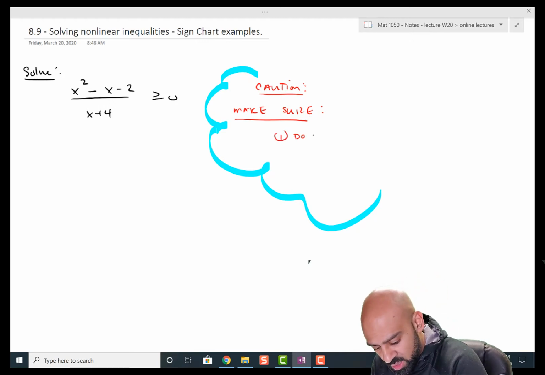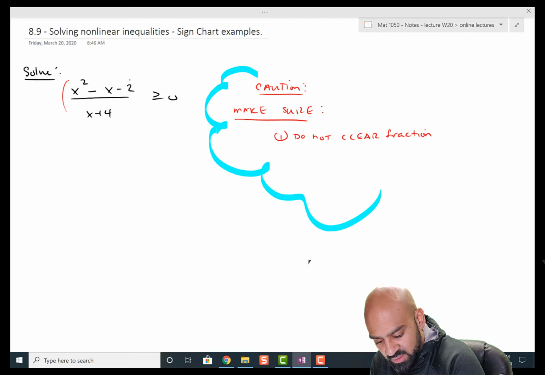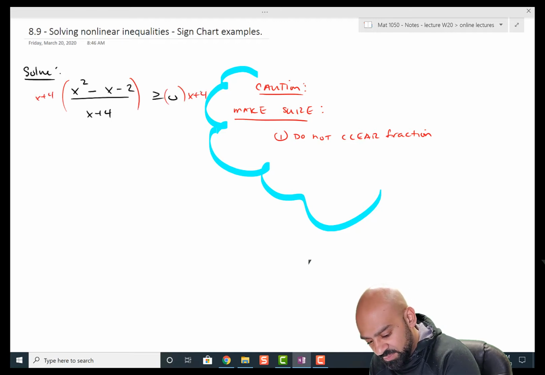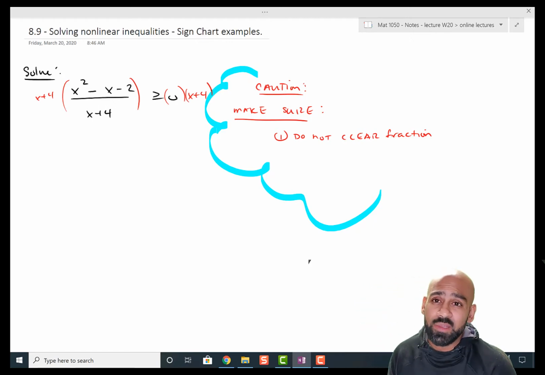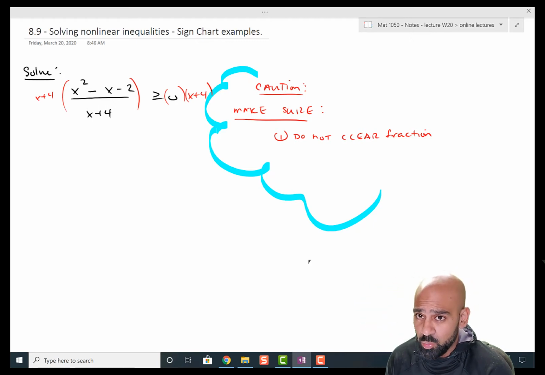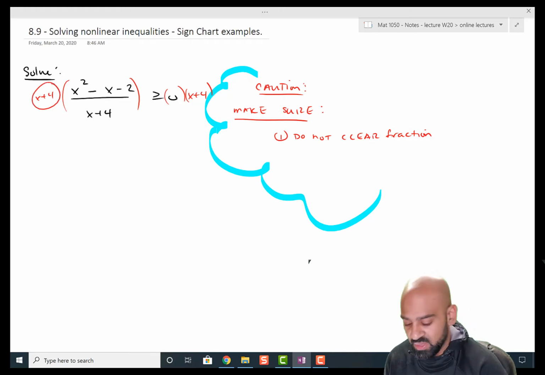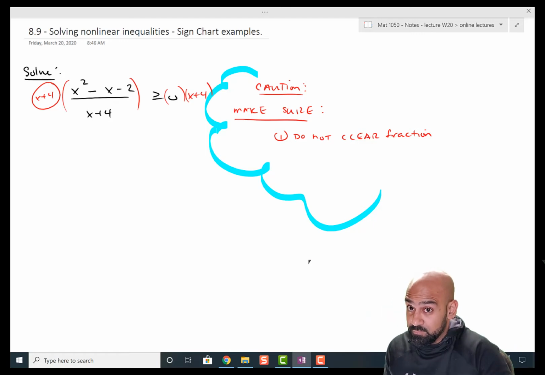Number 1, do not clear fractions. Why? Because if I were to multiply both sides by, let's say, x plus 4, and this is what you decide you wanted to do, if it's an equation, 100% legal. But because it's an inequality, we have a huge problem, because is x plus 4 negative or positive?